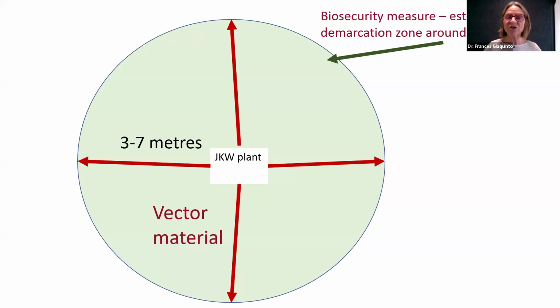You want to make sure that the soil and the plant within that demarcation zone is not disturbed for any reason whatsoever. So you just leave everything intact. Don't trim, don't disturb the soil, don't mow, don't cut back, don't do anything, just leave it undisturbed. And that is the best prevention of dispersal method that you can advise on.